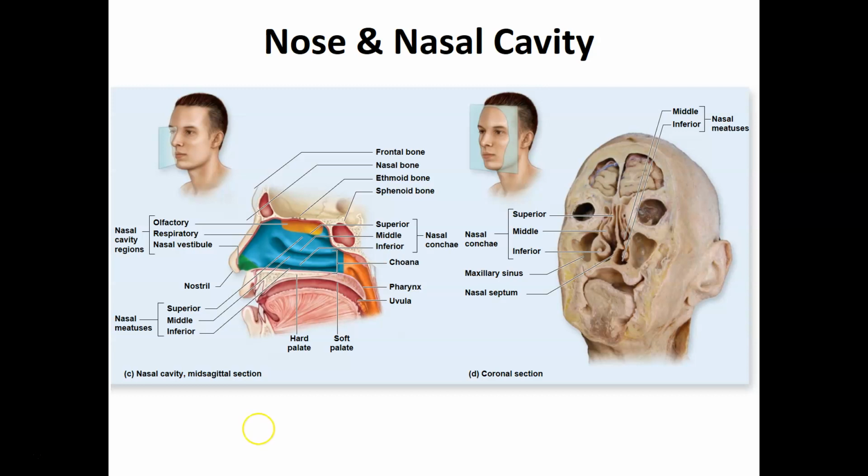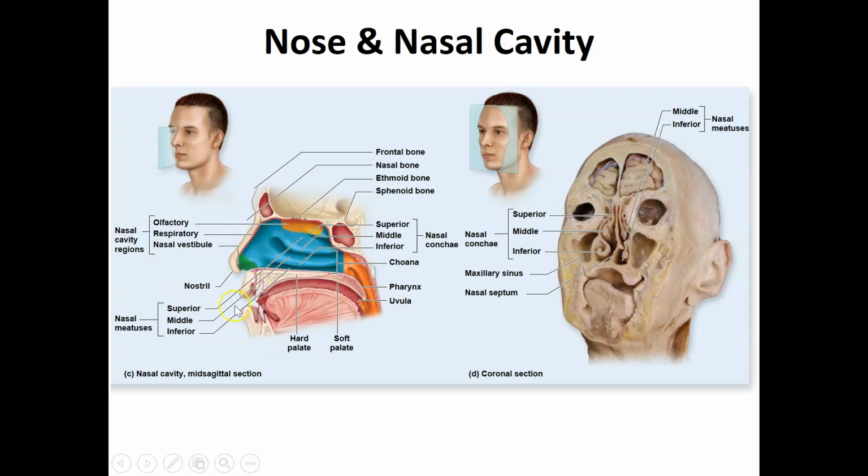In the nasal cavity, you have projections from facial bones that are into the space of the nasal cavity. Those are called the nasal conchae. There's a superior, middle, and inferior nasal concha. And there are also channels between the conchae. Those are called nasal meatuses.